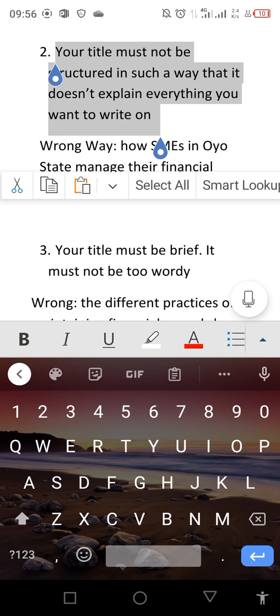The reason why is that if your research title explains everything you want to talk about, the readers will lose interest. Already they know what you are trying to research on. So why do they need to waste their time reading what they already know that you want to write on? And some of them might even guess the results.